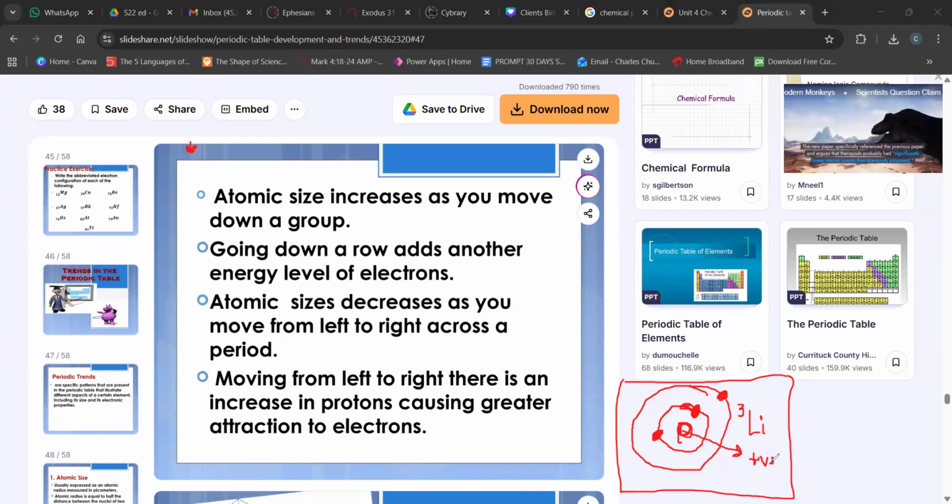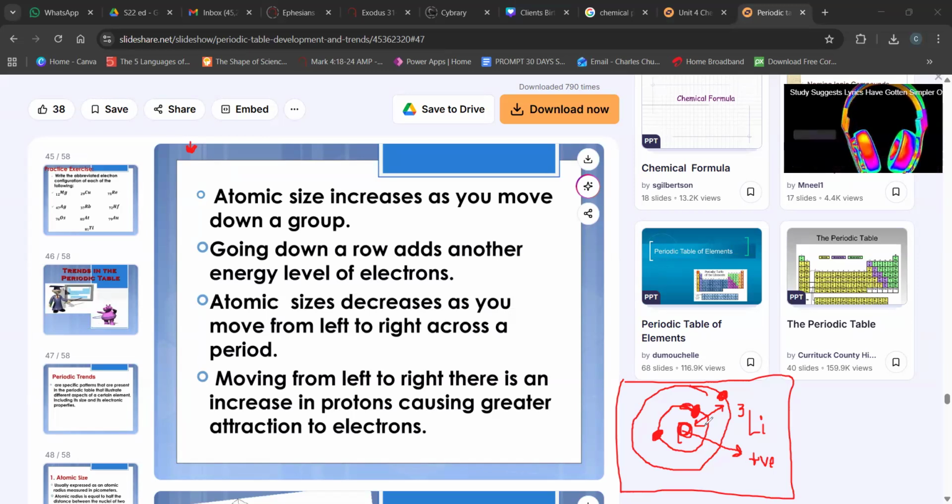Those positively charged protons are exerting an attractive force on the electrons around the nucleus. If you see that arrow I drew, the distance between the nucleus and the outermost electron is reduced because atomic size shrinks, then it means the nucleus will have a stronger pull on the electrons in the outermost shell.